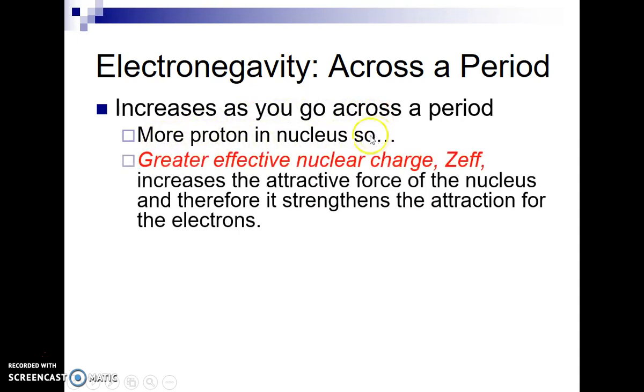So there's greater effective nuclear charge as you go across a period. And therefore, the protons are able to pull in electrons greater. There's a greater attraction for electrons, and as a result, it's easier to gain electrons. So again, the key is this: because there are more protons, there's greater effective nuclear charge as you go across, and therefore, as you go across, it's easier for atoms to pull in electrons.